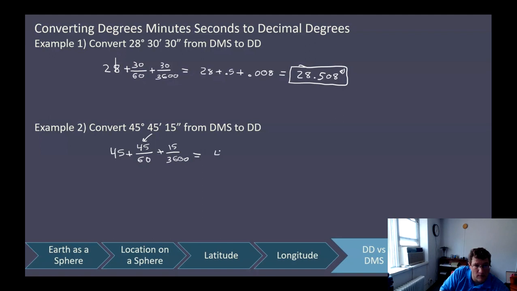If we do that, we get 45 plus 45 over 60, which gives us 0.75, plus 15 over 3,600, which gives us 0.004.